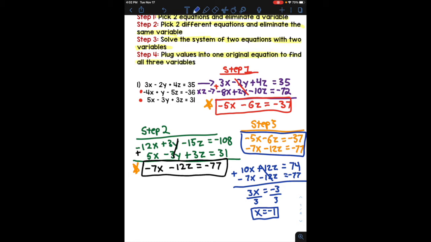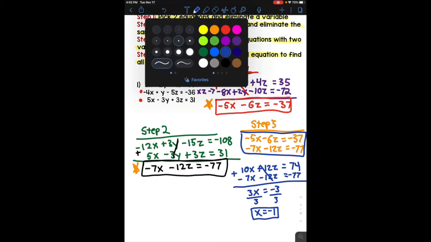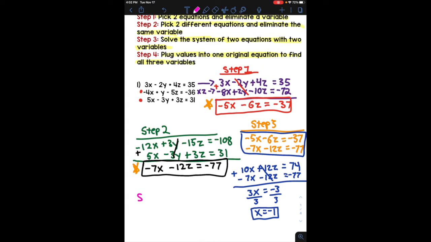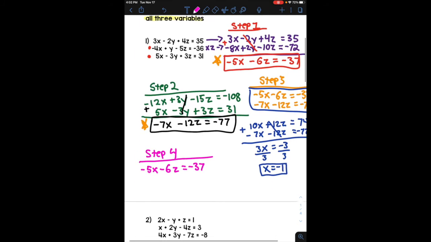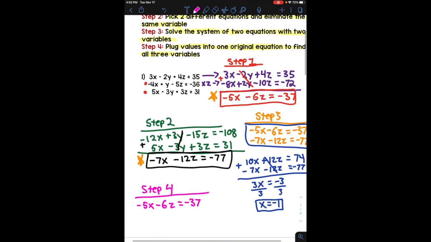So we're going to go ahead and do our last step here. Step 4. I'm going to use the first equation in step 3, which is negative 5x minus 6z equals negative 37, and substitute x equals negative 1 in.